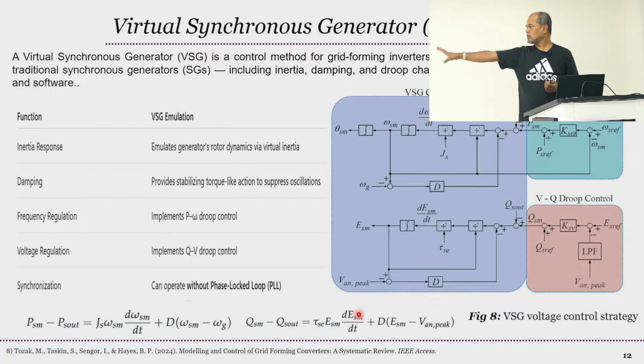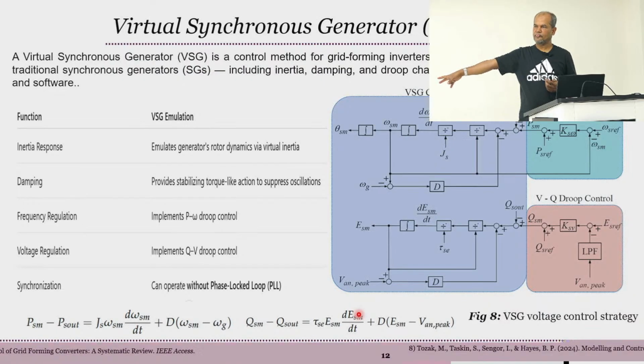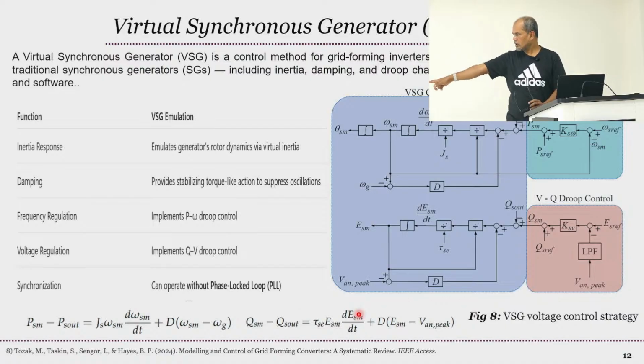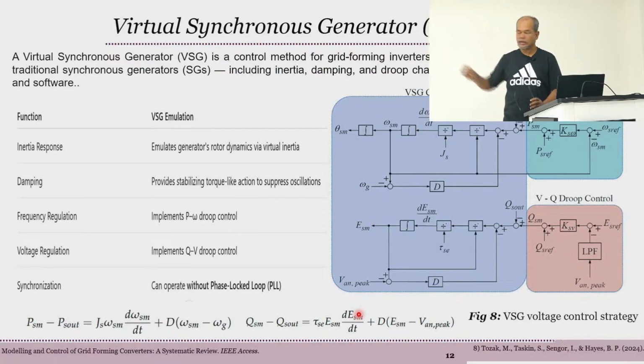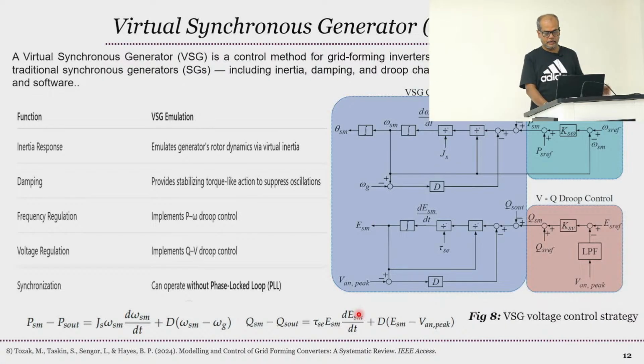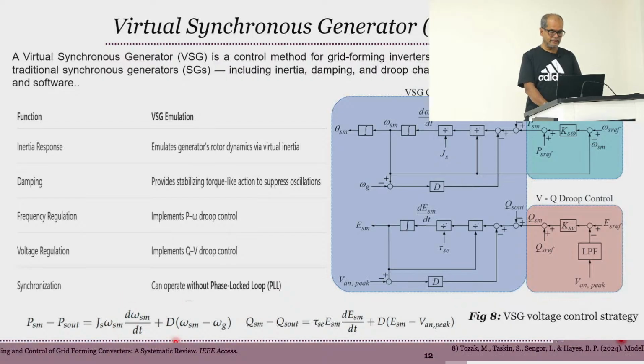But for this sort of control, first order or second order is more than enough. By using these two equations, you can see sometimes you are adding, sometimes you are dividing. That's how you implement this equation.